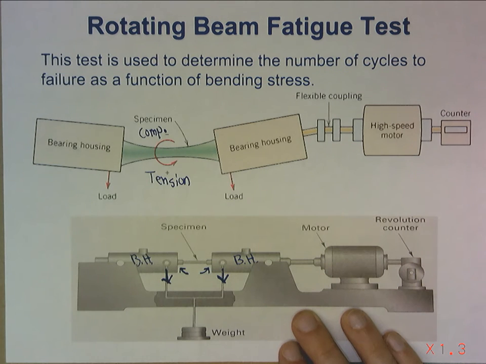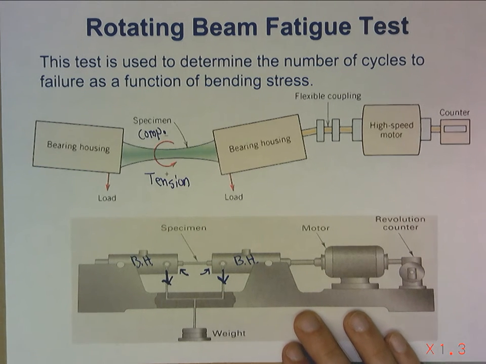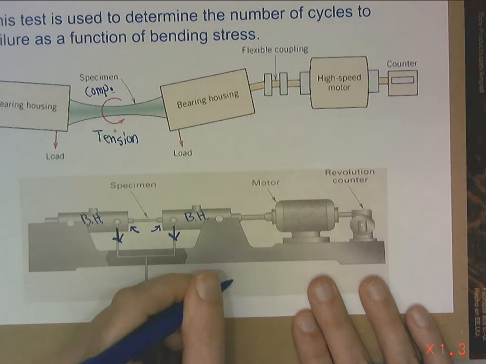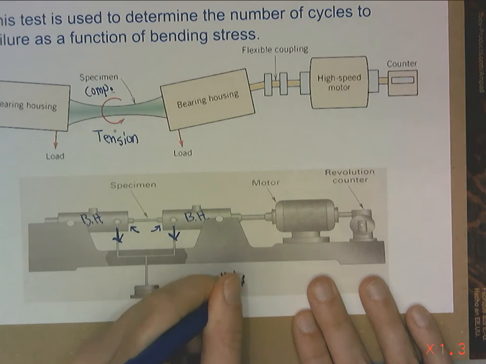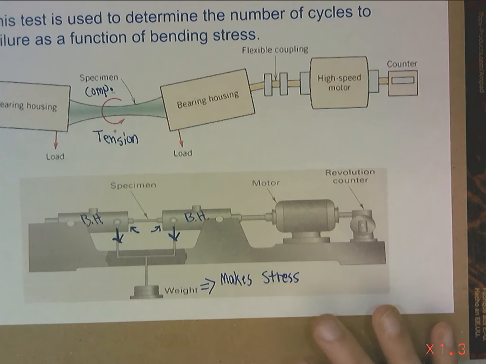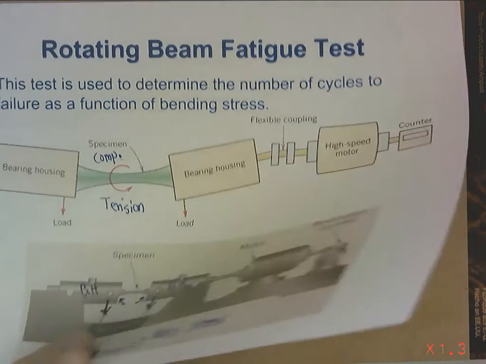And then we'll rotate this and count the number of rotations. And we'll look at how many times I can rotate this under a given stress before we fail in fatigue.